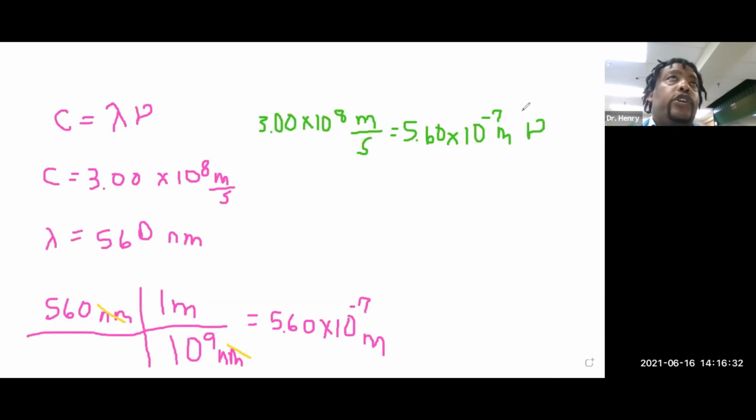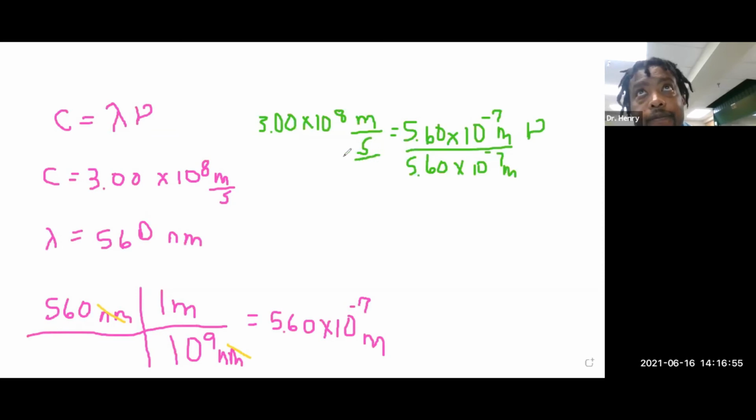Okay, so if I want to solve for nu, I'm going to divide both sides by 5.60 times 10 to the minus 7 meters, because we know in math, what I do to one side, I got to do to the other side of the equal sign, right?